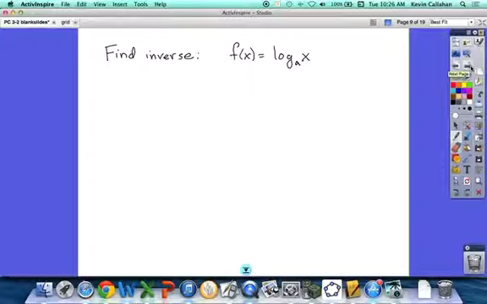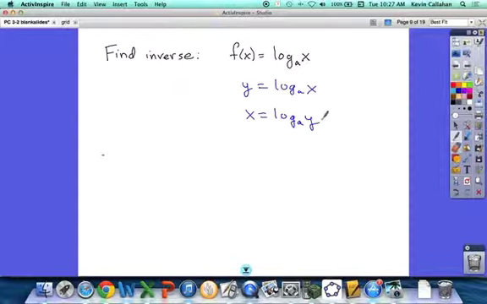Okay. Now, let's go through the steps to find an inverse. Normally, we would say the first step is replace the f of x with a y. The second step is switch the x and the y. And then the next step is solve for the y.